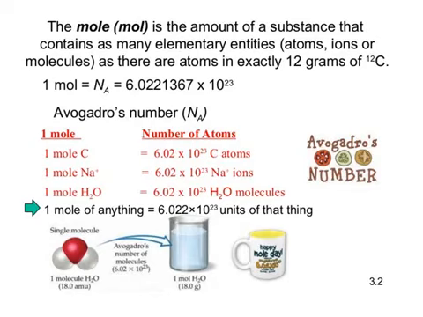So 1 mole of anything is equal to 6.022 into 10 to the power 23 of whatever it is. It may be atoms or molecules or particles or ions. So this number is regarded as Avogadro's number.